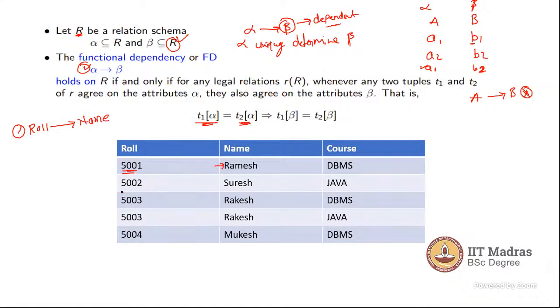Can you see any other tuple with the same roll number? No. Roll number 5003 is Rakesh, and roll number 5003 is also Rakesh. So this functional dependency holds true for this table. It is not necessary to consider T1 and T2 in sequence. You can take any two tuples from the given tuples.